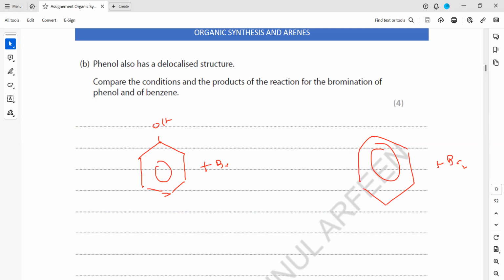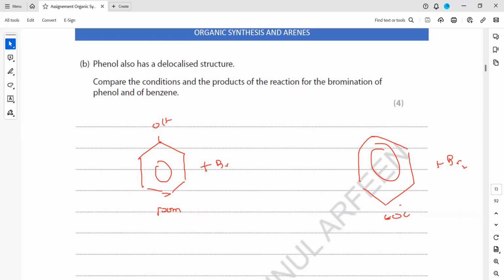So when phenol reacts with bromine, it can react at room temperature. Benzene can react around 60 degrees centigrade. When phenol reacts, it will undergo multiple substitution, for example 2,4,6-tribromophenol is formed. But when benzene reacts, it's a mono-substitution, only one hydrogen will be replaced and one bromine added.